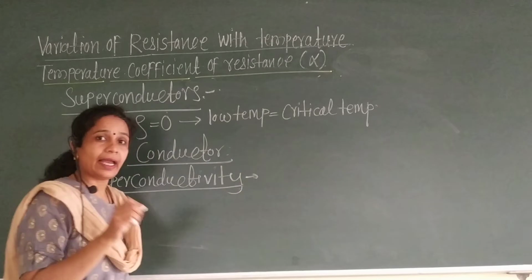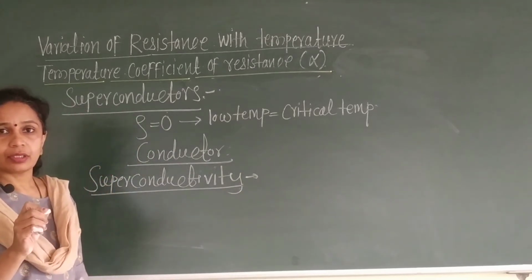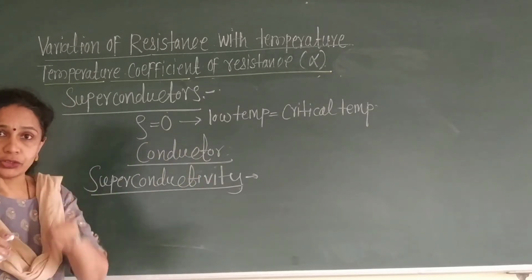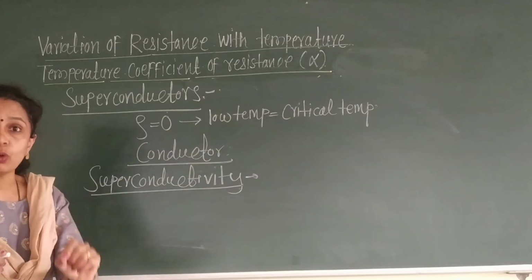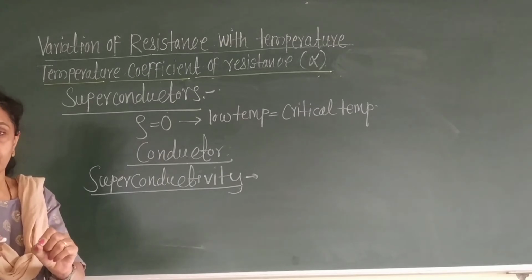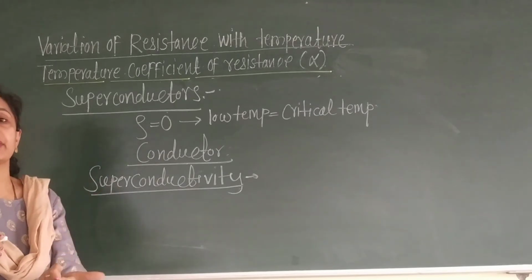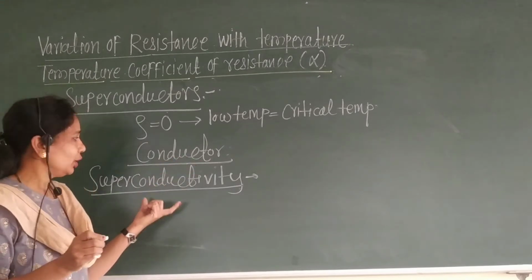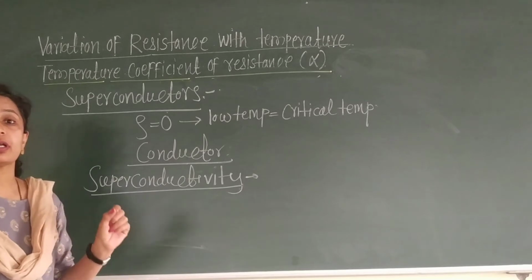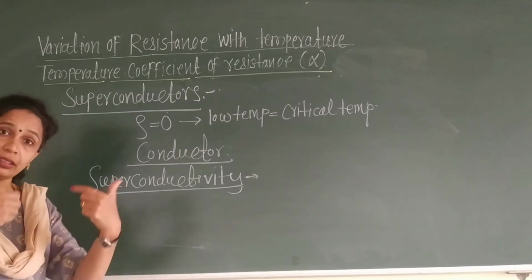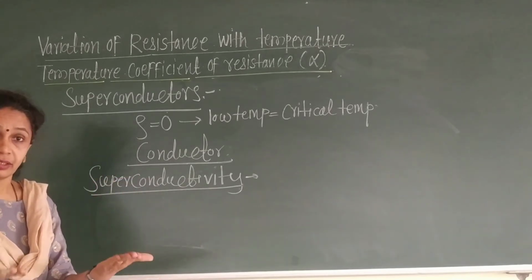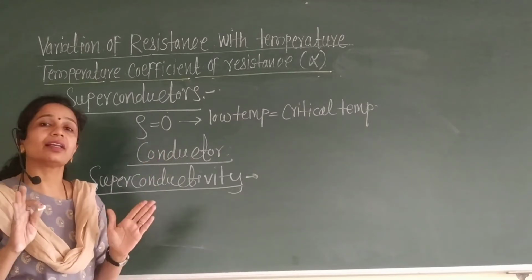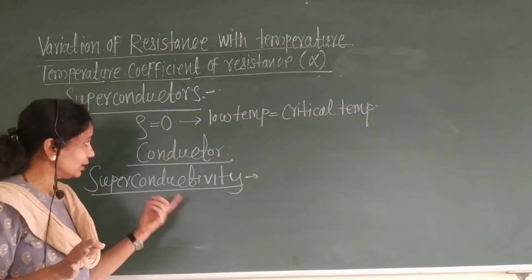The phenomenon in which the resistivity of a material becomes 0 at a particular low temperature and the material acts as a conductor is called superconductivity. And that material is called a superconductor.